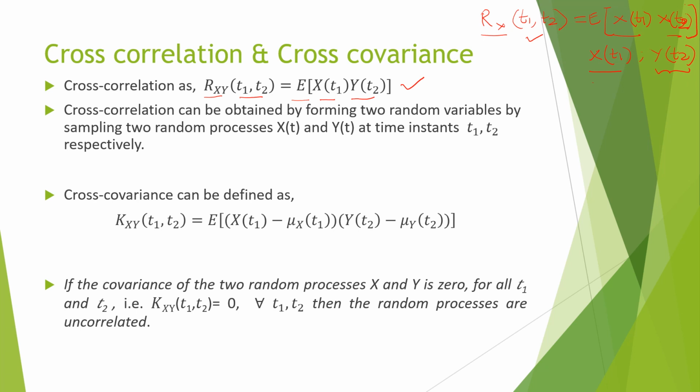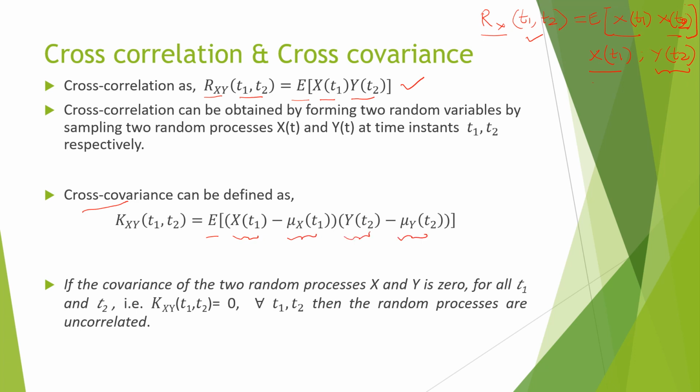In autocorrelation, we are obtaining both random variables from the same random process x. In the case of cross correlation, we are obtaining two random variables from two different random processes at times t1 and t2. And then the cross covariance. In similar terms, we can define cross covariance as the expectation of x(t1) minus its mean value, times y(t2) minus its mean value.